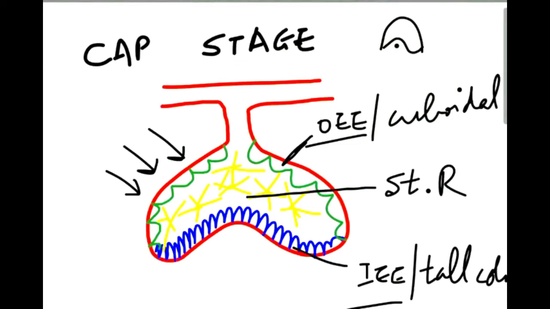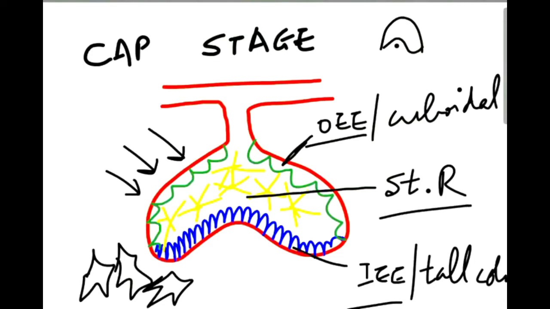Now these star-shaped cells are in contact with each other by long processes. So these cells form a network of star-shaped cells. Thus, it gets its name as stellate reticulum. Stellate means star and reticulum means network.